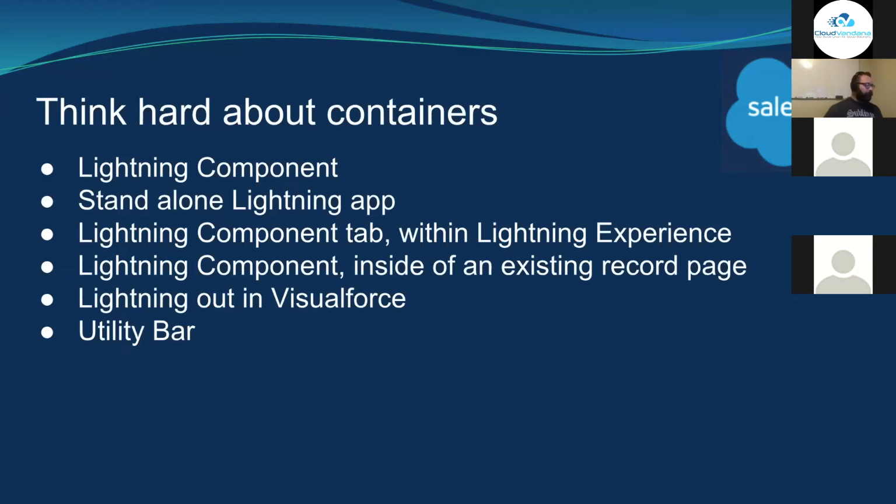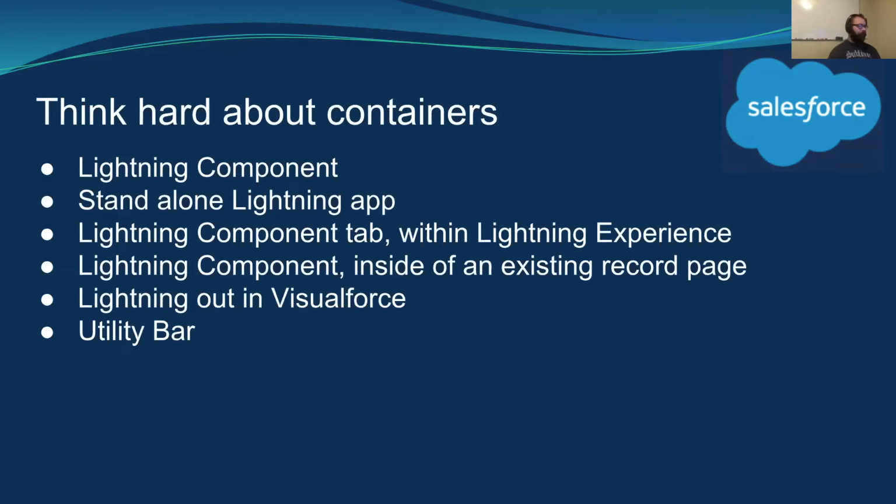Okay, so the first thing I like to think about when I'm building a Lightning app are the containers. And I don't mean like the Lightning container component, but the wrapper around the Lightning component. So the Lightning component itself is kind of your least common denominator. I'm pretty sure you're going to be building a Lightning component no matter what. But how are you going to surface that component? There's actually more ways than what I've listed here. These are some of the common ones.